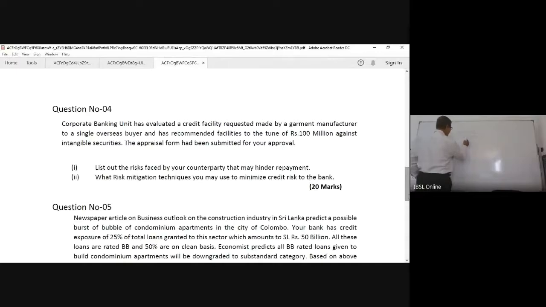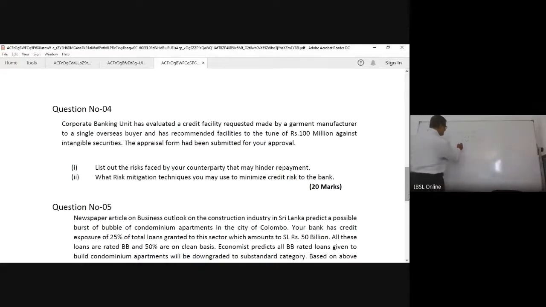Exports will have country risk. This client will be sending to a different country, and if that country's authorities decide that no remittance will be sent until they approve it, and there are a lot of restrictions being imposed, then we call that sort of situation country risk, and your money will not come, because of the country risk.